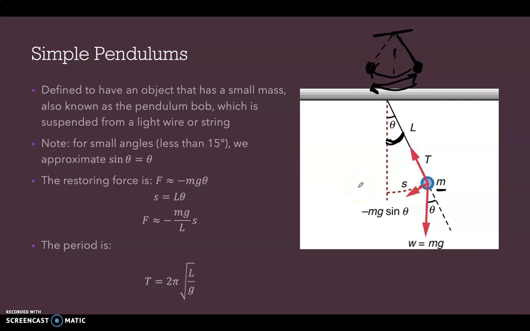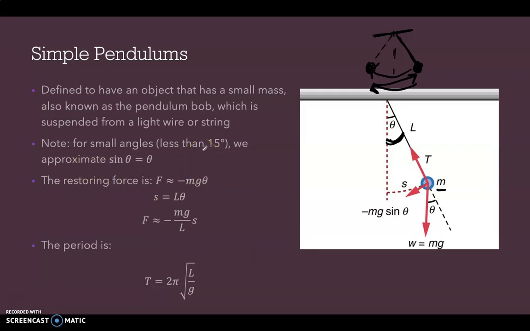We're going to be looking at these simple pendulums, where we have some kind of mass on a string, and we hold it up at some angle and then let it go, and we can describe that motion.